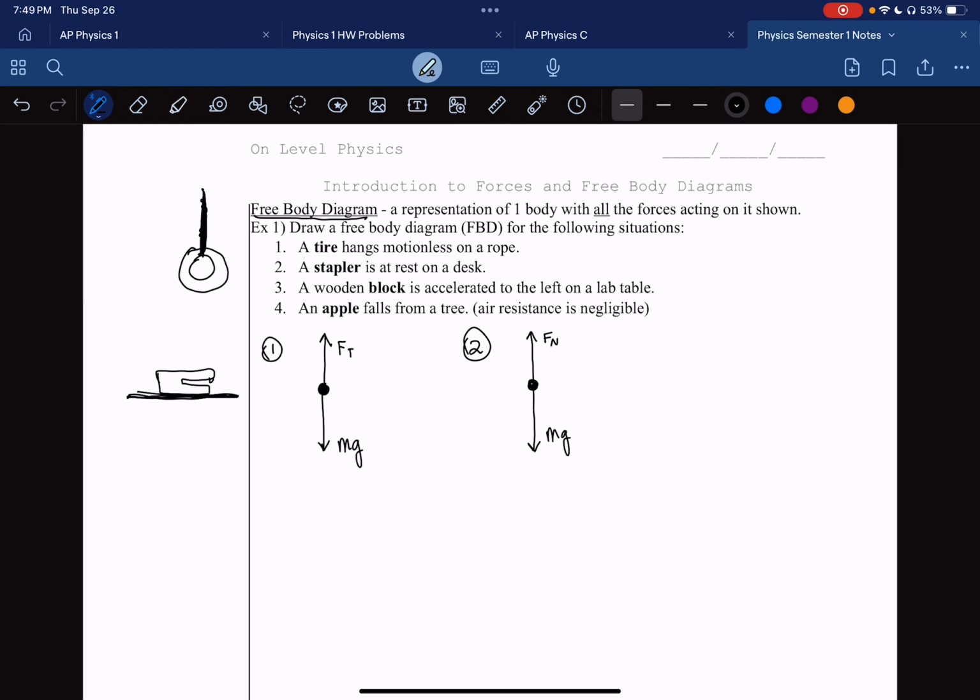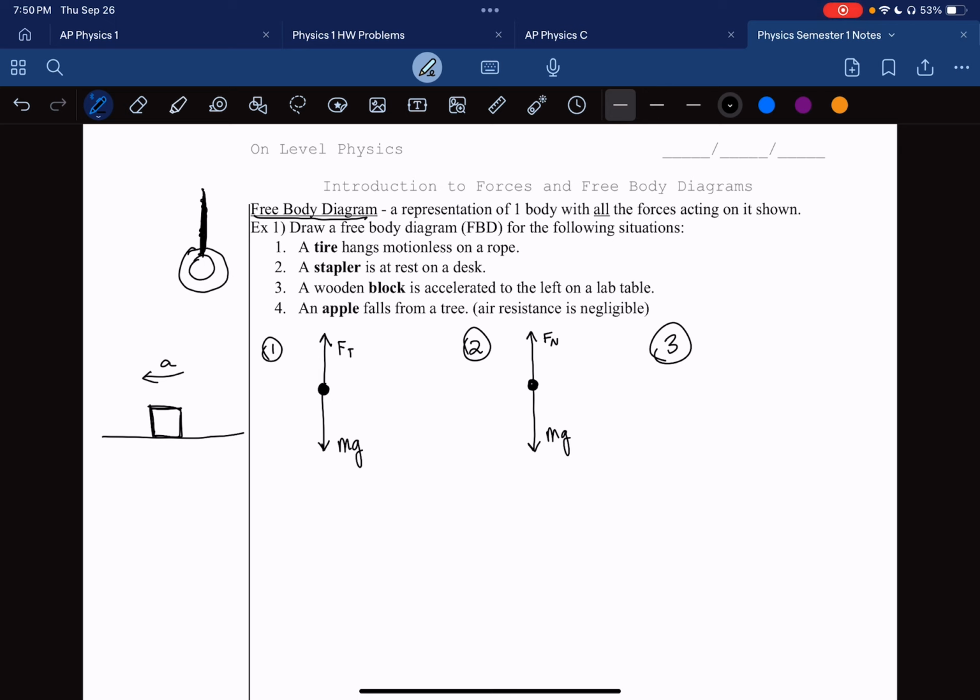Number two. Number three, a wooden block is accelerated to the left on a lab table. Here's a lab table, here's a block. It is accelerated to the left. So it has an acceleration this way.